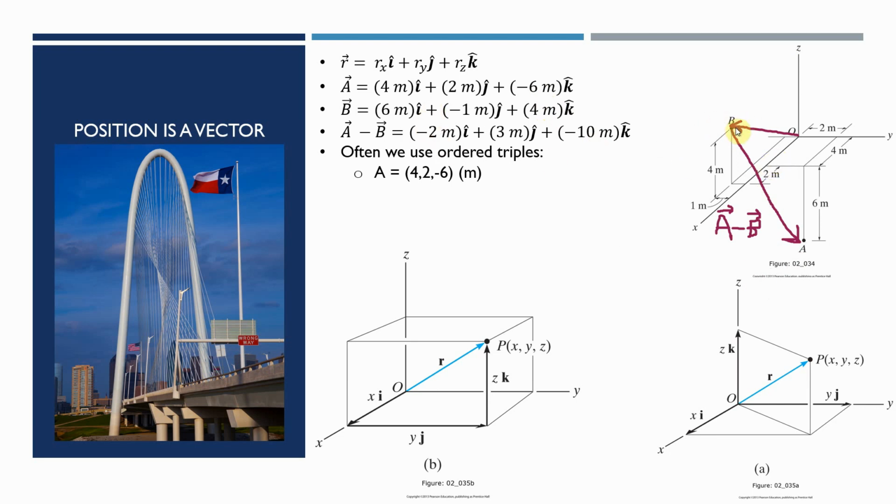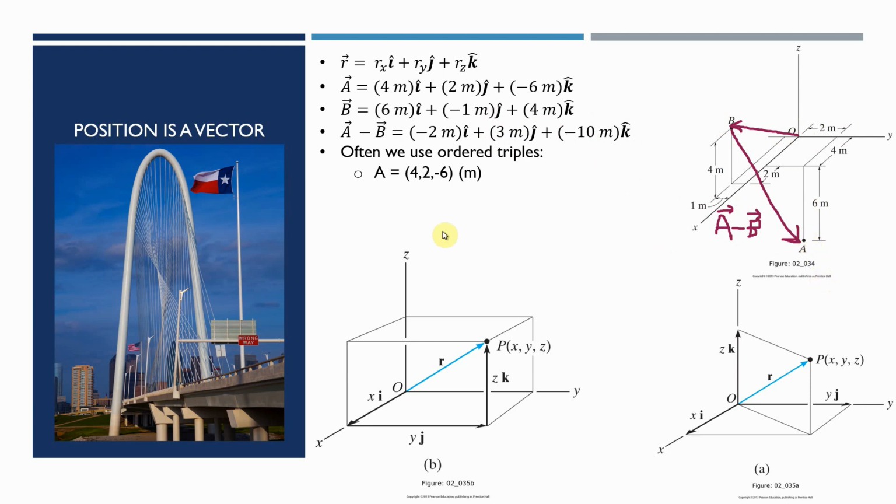And then we'd have to go positive 3 meters to get to the correct y coordinate. And then we'd have to go down 10, 4 and 6. We'd have to go down 10 to get from B to A.